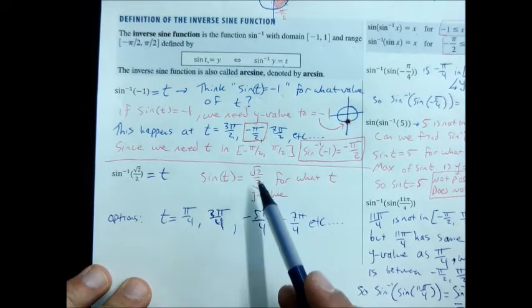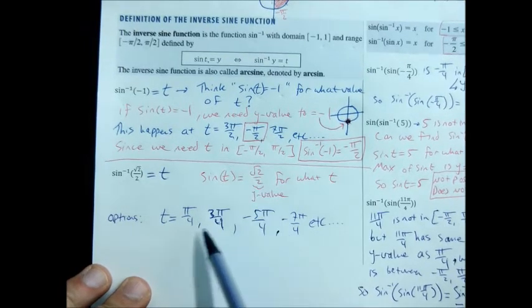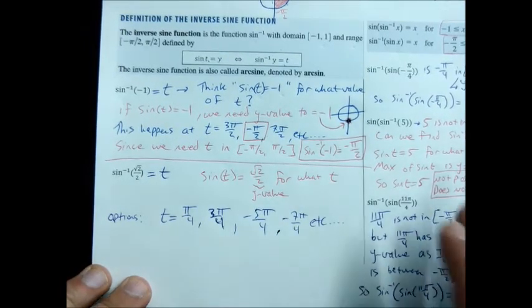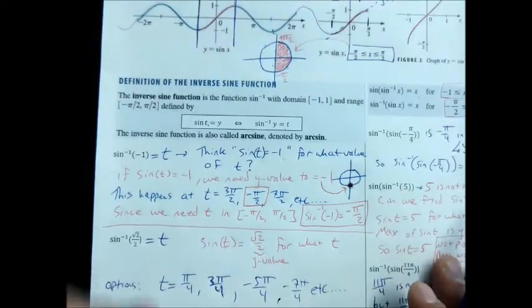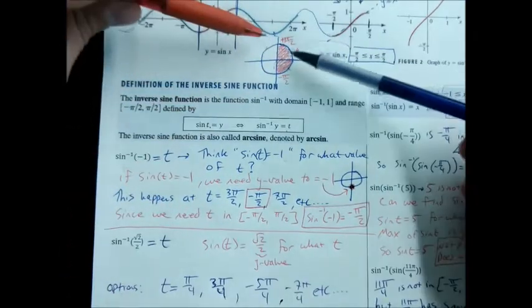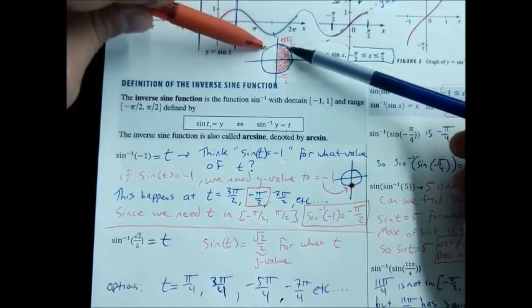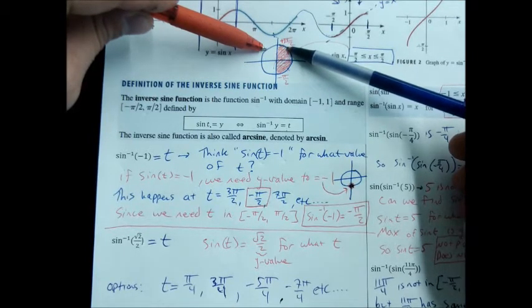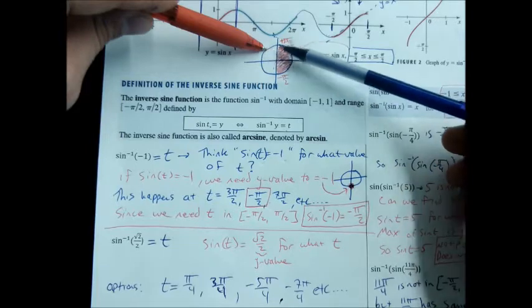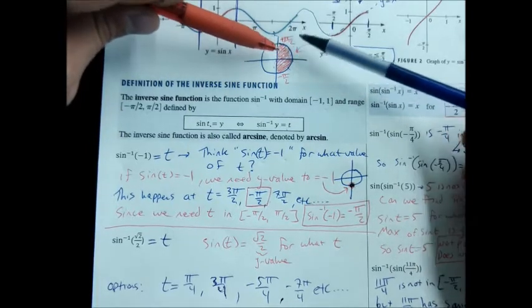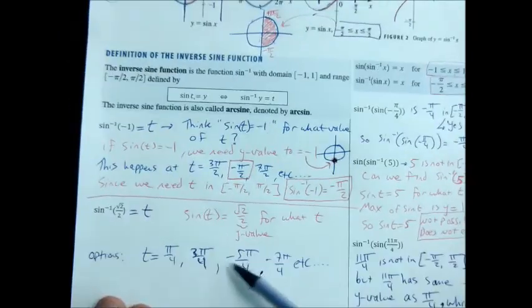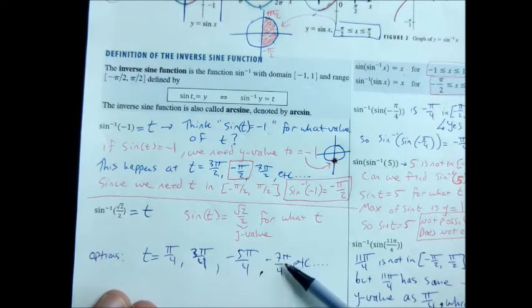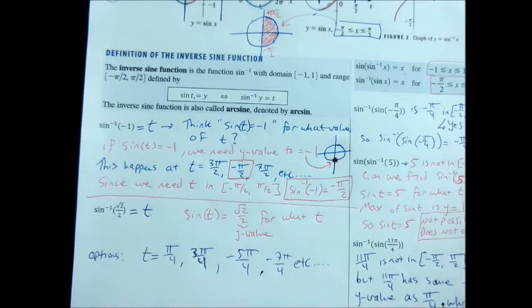But we want the y value to be square root of 2 over 2, and these are all different types of points that would give us that. Just to be clear about that, if we look at the unit circle, we want to be at either one of those two places. That's where the pi over 4s are, right? And some of those put us on the left-hand side, some on the right-hand side, but only one of those is in the interval from minus pi over 2 to pi over 2. And so which one is it?